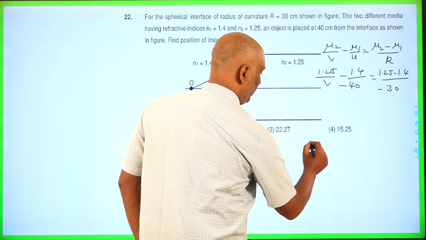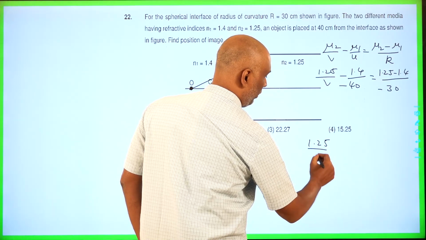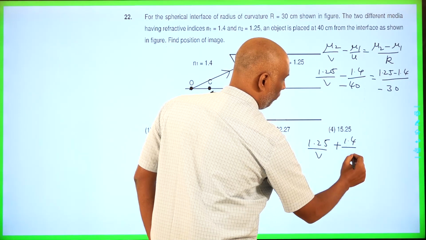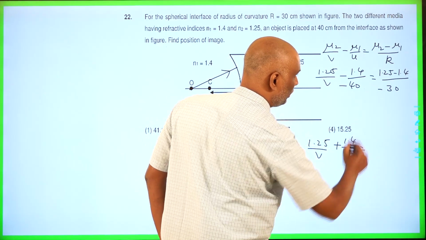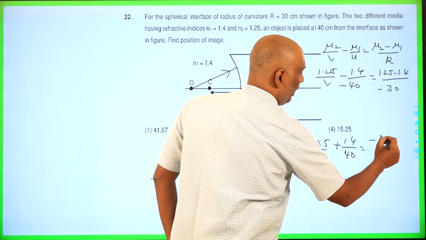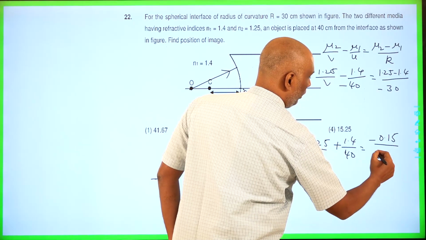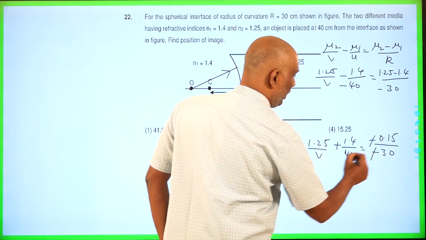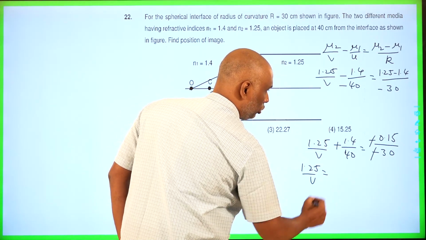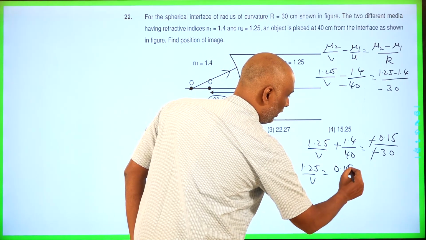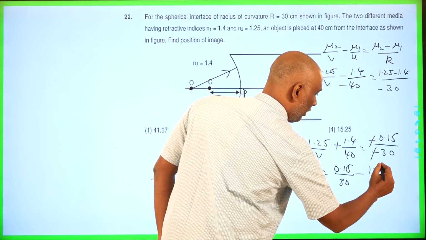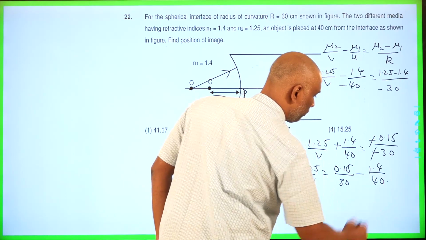So, from this equation I can say 1.25 divided by V plus 1.4 divided by 40 equals minus 0.15 divided by minus 30, and minus minus cancels. So 1.25 divided by V equals 0.15 divided by 30 minus 1.4 divided by 40.